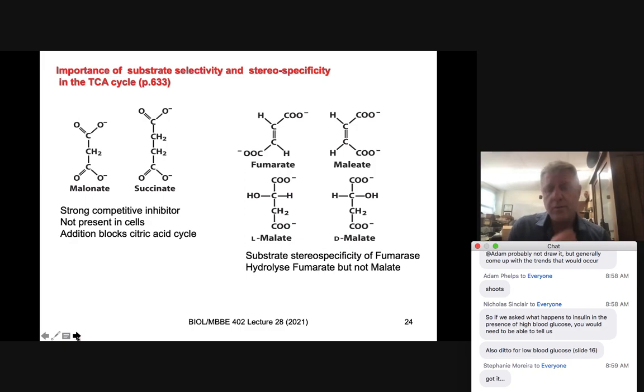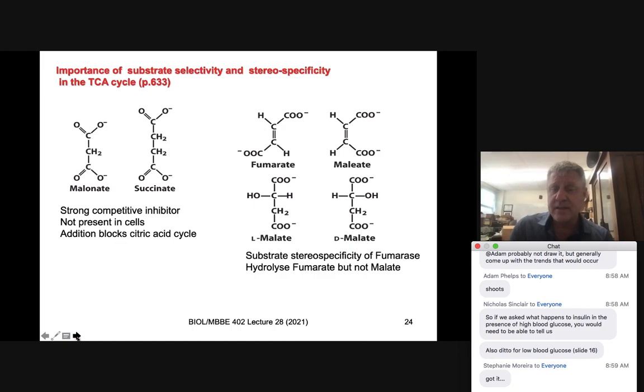Okay, so we're going to have these issues in regards to utilizing molecules that look similar to some of the intermediate substrates in the TCA cycle that give us the capacity to study this particular system. The malonate, succinate, fumarate, and the L and D malates all illustrate capacity to interact with the enzyme and cause inhibition, or not interact with the enzyme due to its stereospecificity.